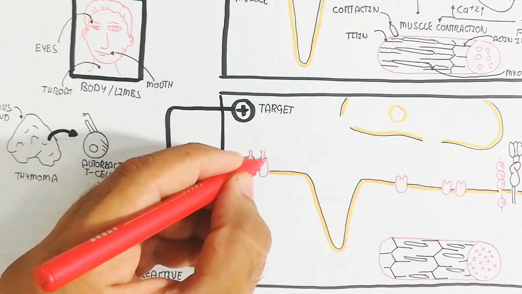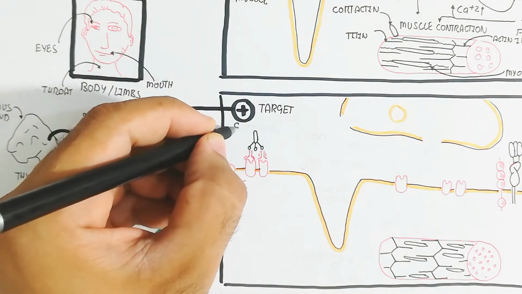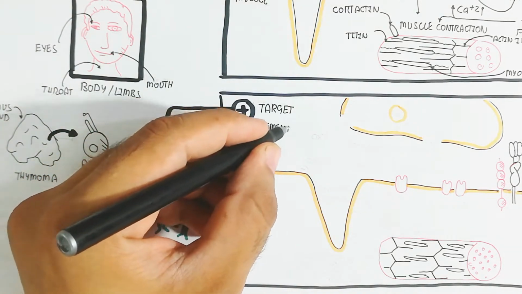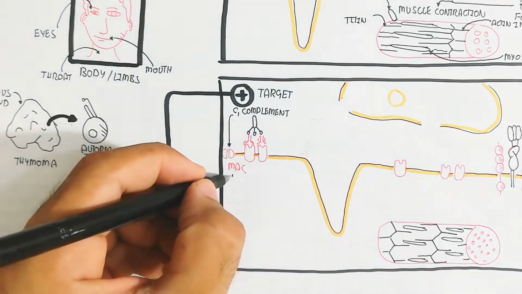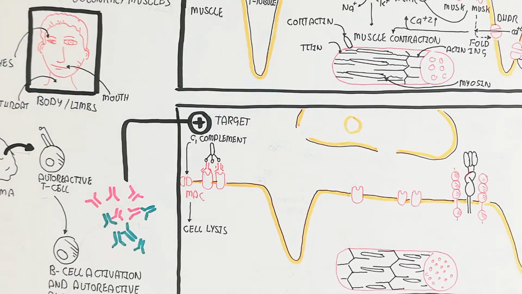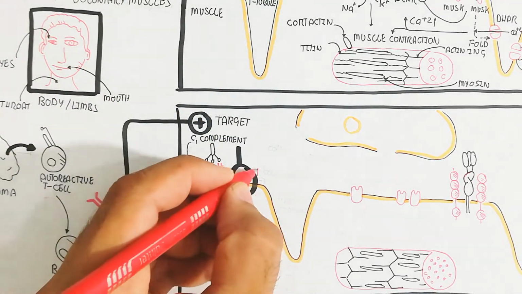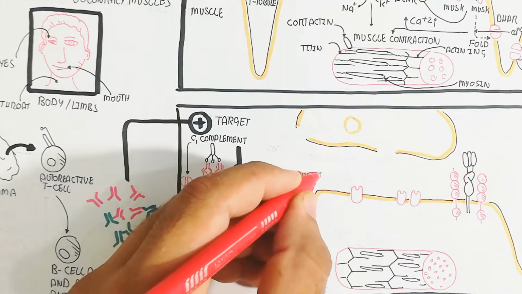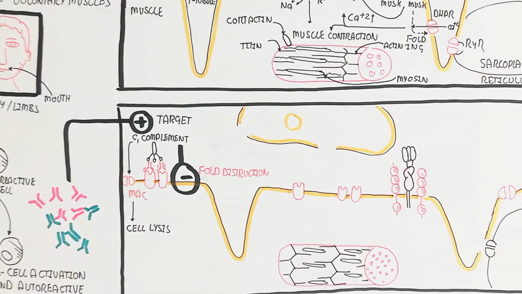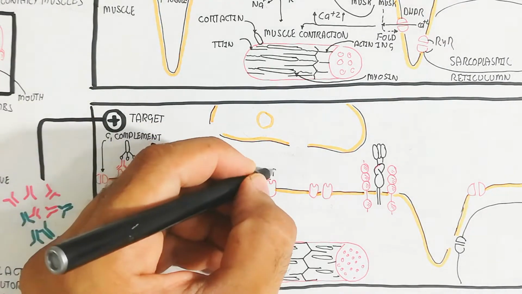At this neuromuscular junction, the pathogenic antibodies combine against the acetylcholine receptor, and in this way the C1 complement will trigger MAC and cell lysis. This cell lysis will occur, and the decrease of the muscle cell means weakness of the skeletal muscle.